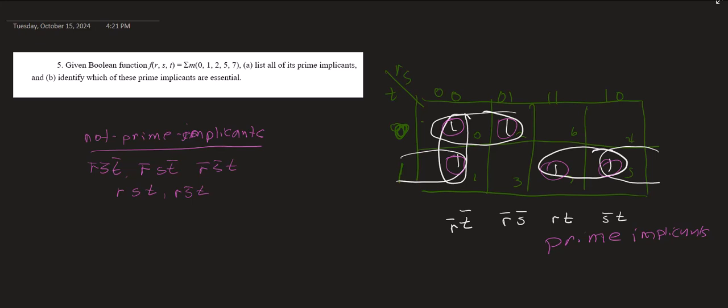The essential implicants are the ones that, in any K-map that covers all of the ones, have to be there. So, for instance, S bar T, this one, is that one essential? No, because if I didn't have that one, would I still have all the ones covered?